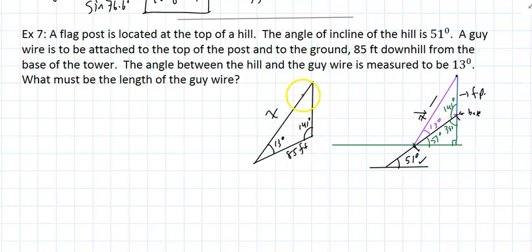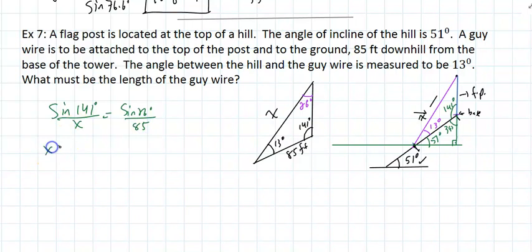Well, automatically I could figure out what this angle is. 180 minus 141 minus 13. That is 26 degrees. And how hard is this problem? It's as challenging as you reading the graph. The sine of 141 degrees to x equal the sine of 26 degrees to 85.